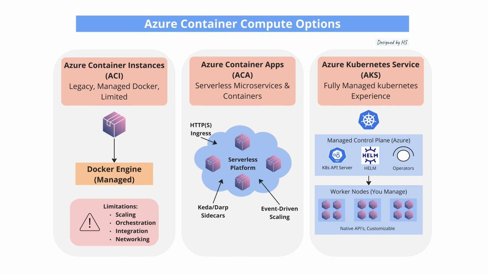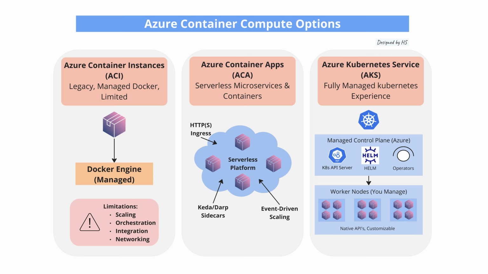I recommend using the second option, which is Azure Container Apps. It's newer and built to deploy serverless microservices. It's easier and simpler, a containerized application on a serverless platform. So the third one is AKS, as we talked about. It's a full Kubernetes experience with a managed control plane.